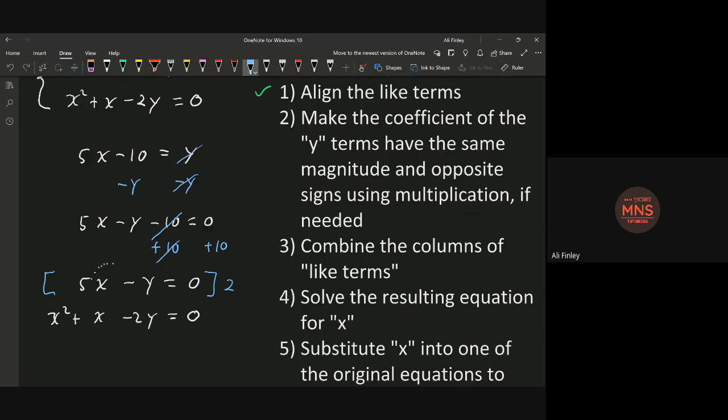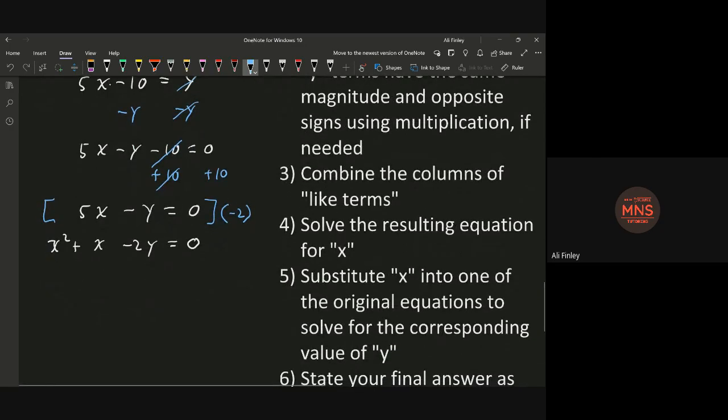If we distributed the 2 to each term, that would give us 10x minus 2y equals 20. So the magnitudes would be the same. However, the signs would still be the same. So we want to make it an opposite sign. So instead of multiplying by a +2, mathematician, we'll multiply by a -2.